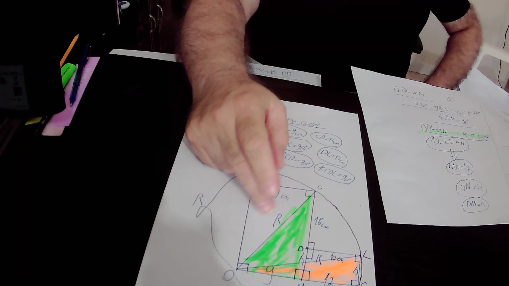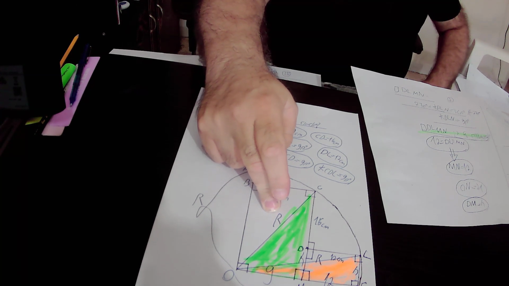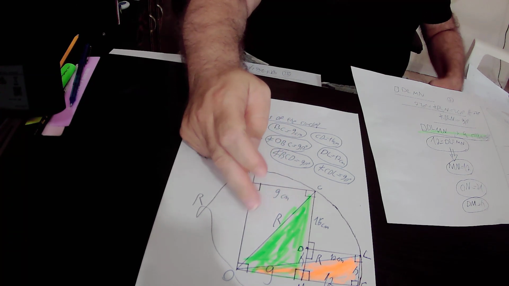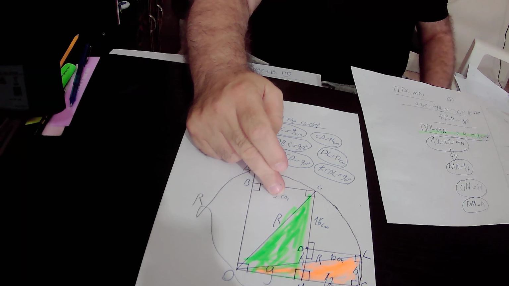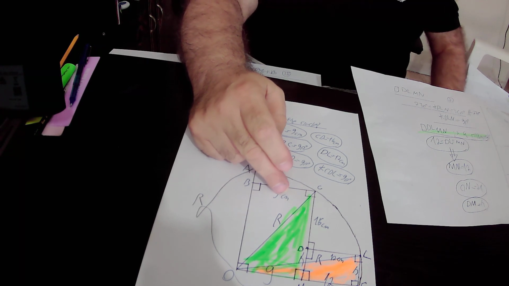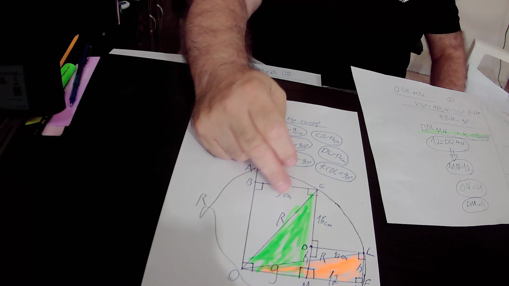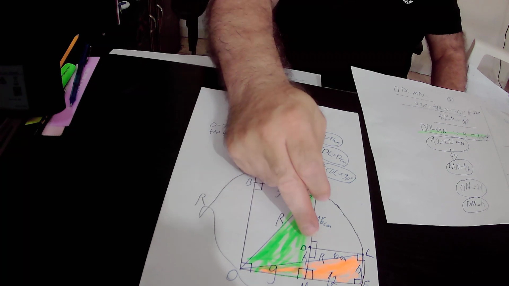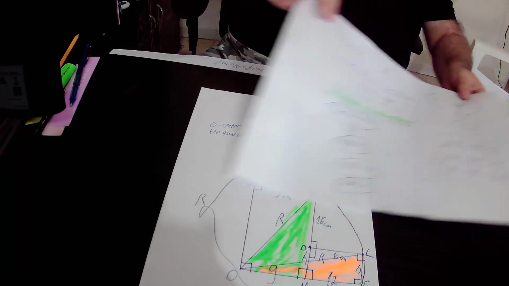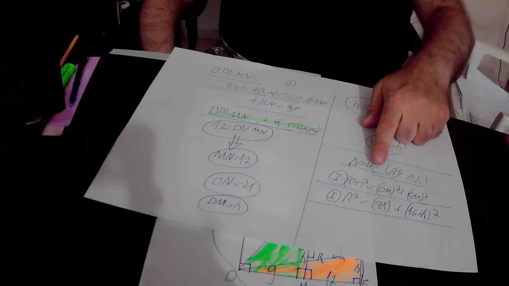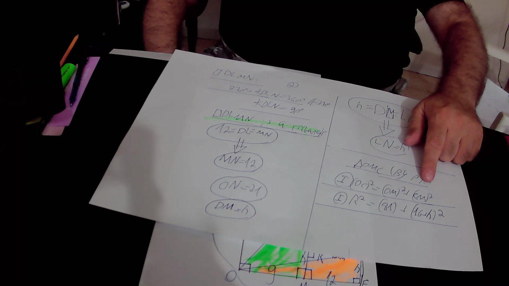Therefore, OC is the radius of this quarter circle, equal to capital R according to our definition. According to the Pythagoras theorem, the square of the hypotenuse equals the sum of the squares of the other two sides. So in right triangle OCM, OC squared equals OM squared plus CM squared.